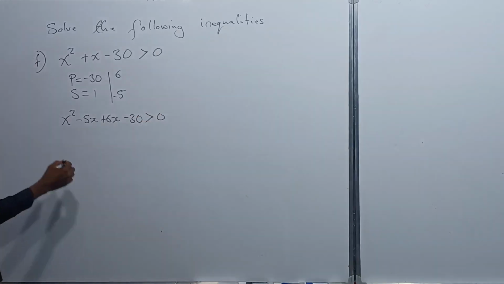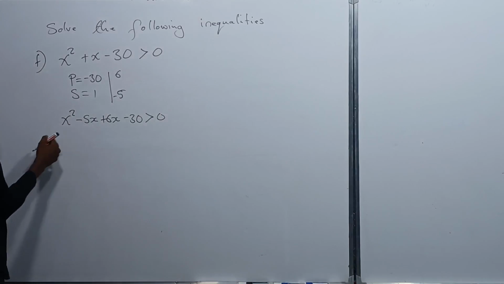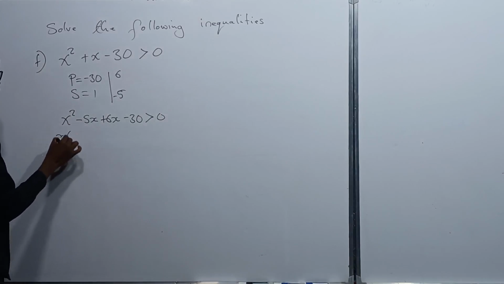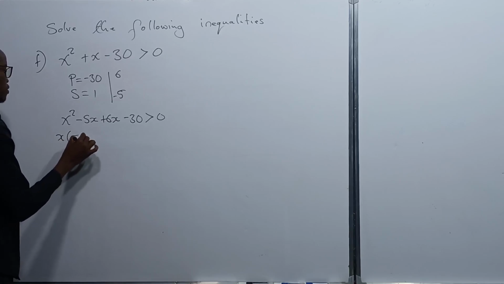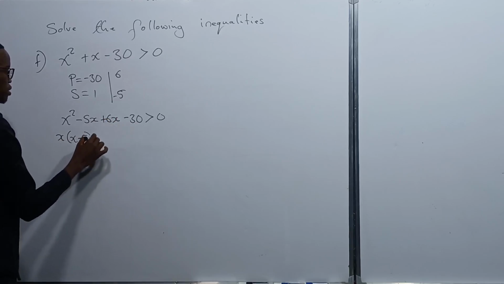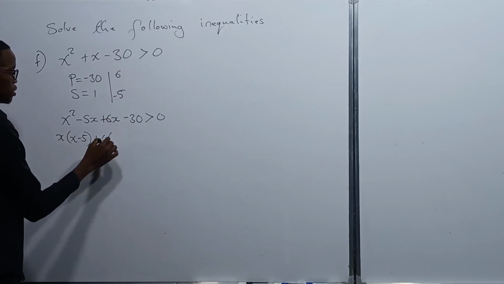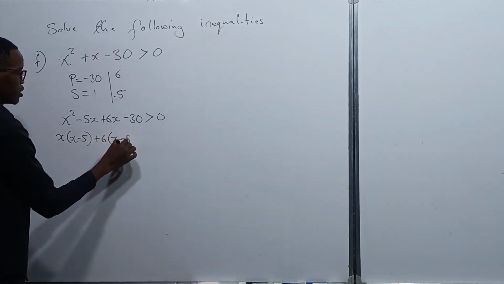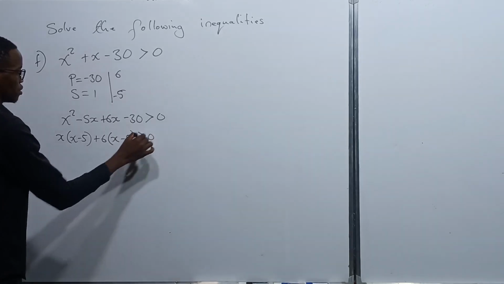Then we factorize this. What's common is x, so x times x minus 5, and what's common is 6, so plus 6 times x minus 5, greater than 0.